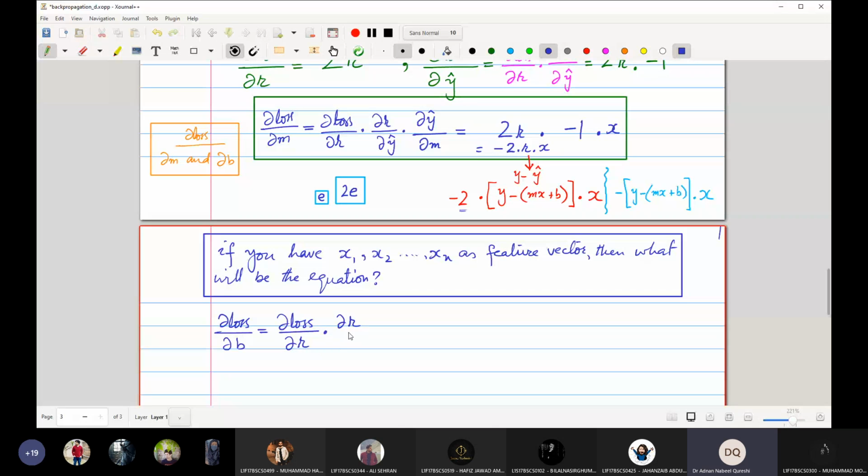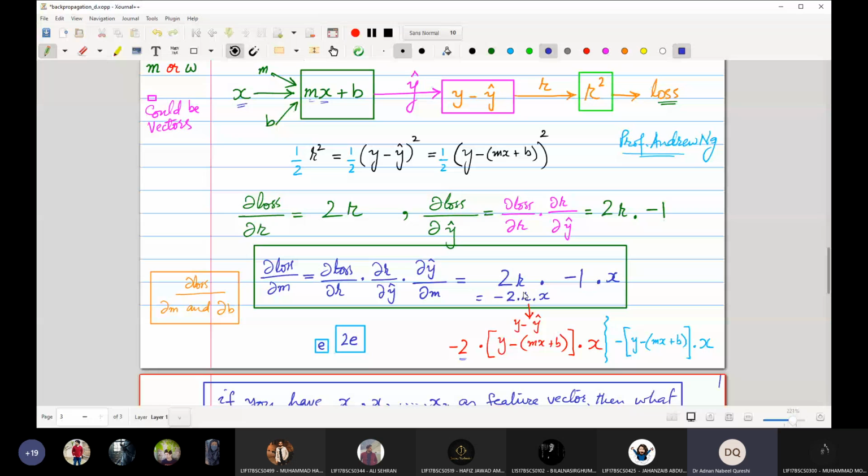We will see how much r is affected by the y hat, and then we will see how much y hat gets affected by b. Again, I'm going to write it backwards.